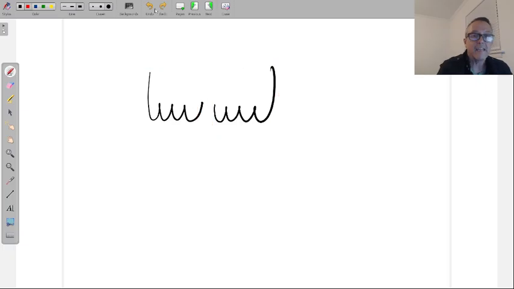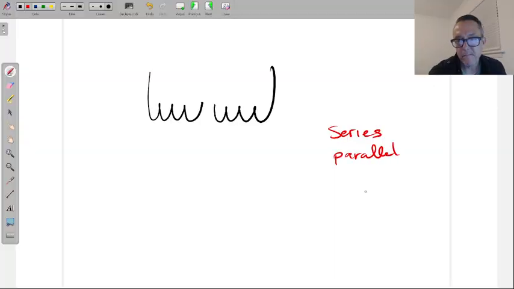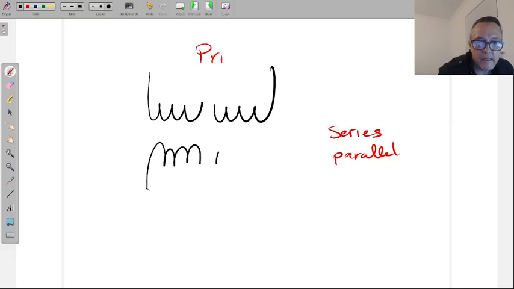We're going to be able to connect them together in two different ways. There's only two ways that we can connect anything in the electrical world, and that is in series or in parallel. There's no other way. So we're going to be able to connect these in series or in parallel, and I'll show you how we do that, on both the primary side and on the split phase side to the secondary winding as well.